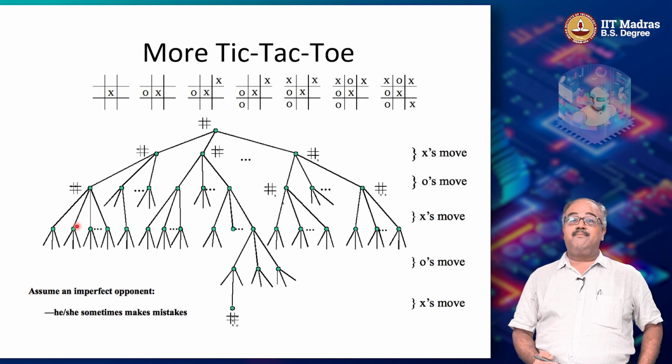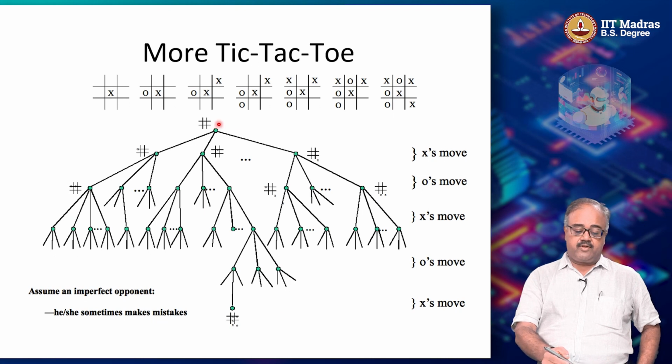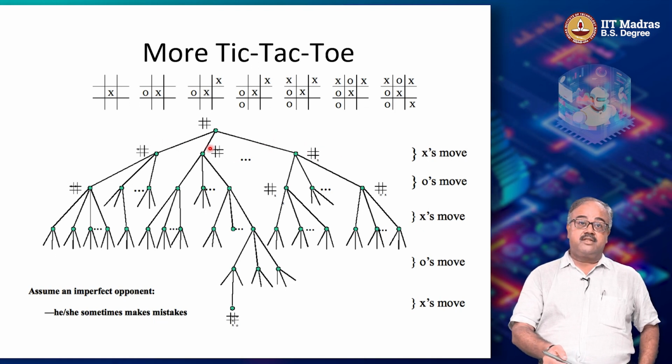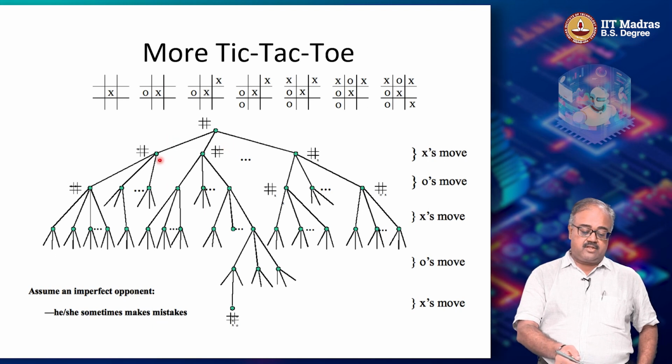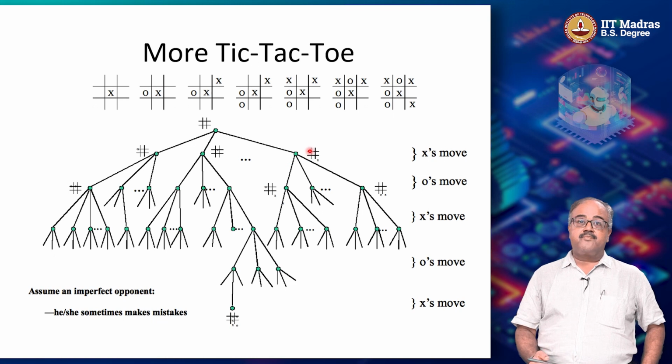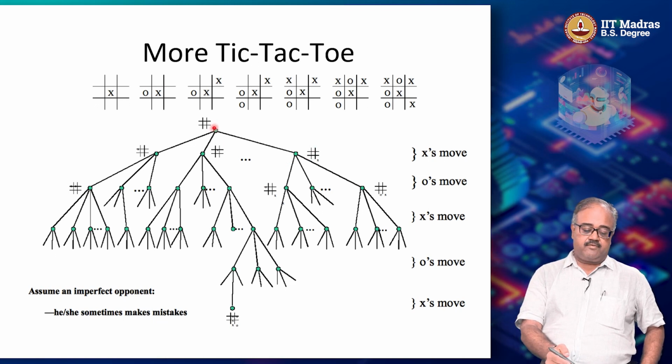If you think of the game unfolding like this, this is called a game tree, right? You have your starting board position, and there are 9 possible moves that you can make from there. This is what is called the branching, right? So the branching factor here is 9. So there are 9 possible moves that you could make. You start off with a blank.